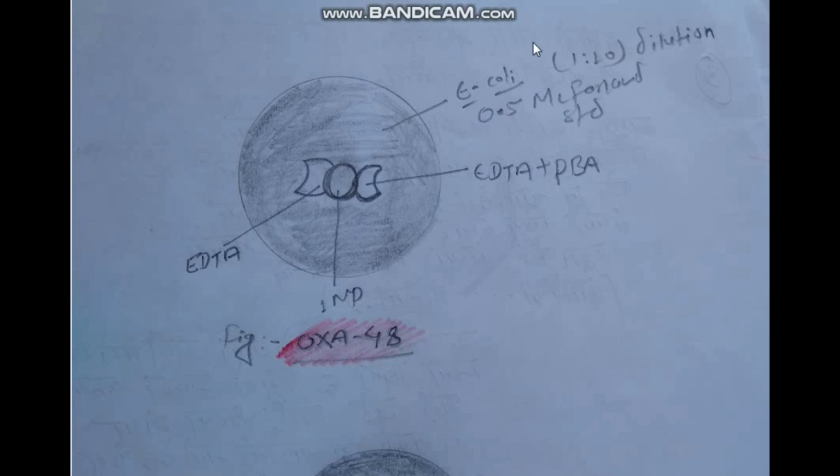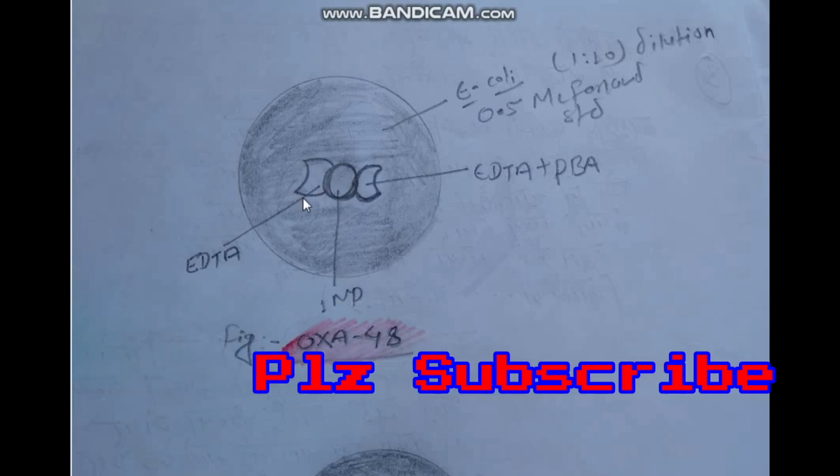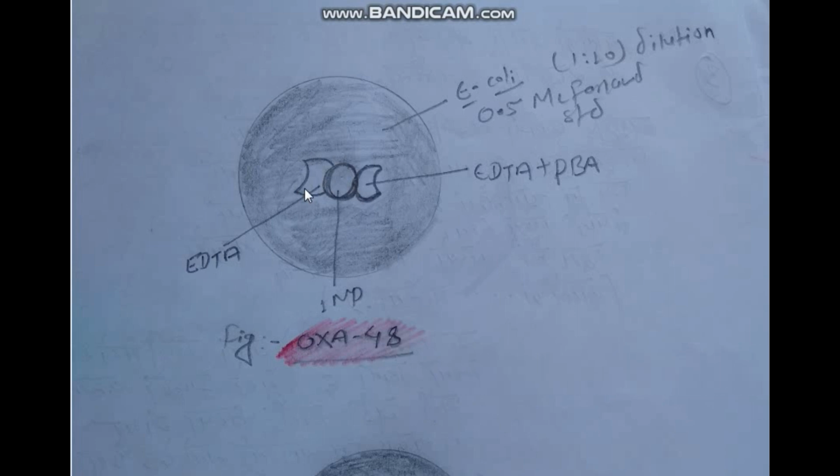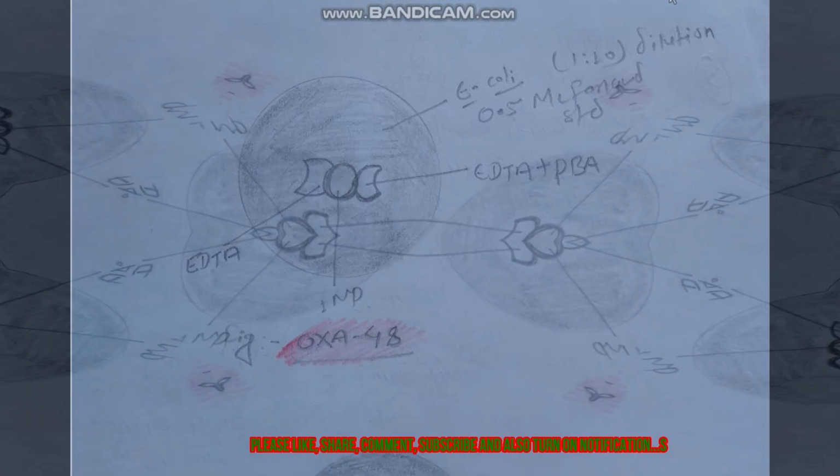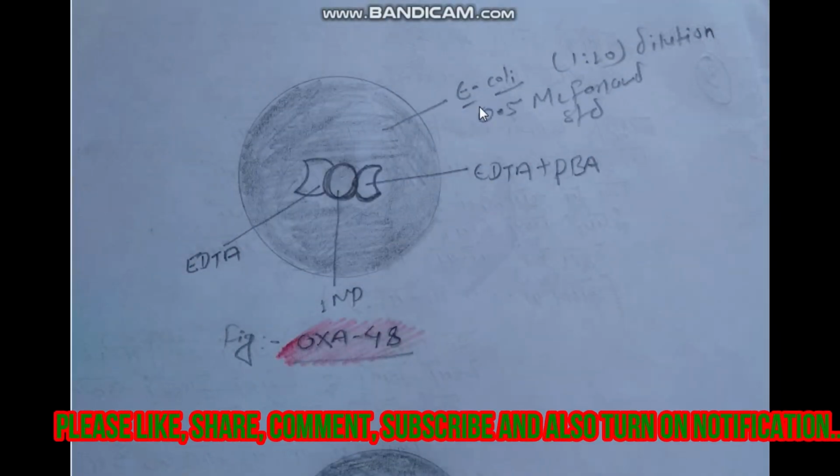EDTA was also used to inhibit the production of MBL carbapenemase, while a solution of phenylboronic acid was used to inhibit the production of KPC. The stock solution of EDTA was prepared by dissolving anhydrous EDTA in distilled water at a concentration of 0.1 molar.